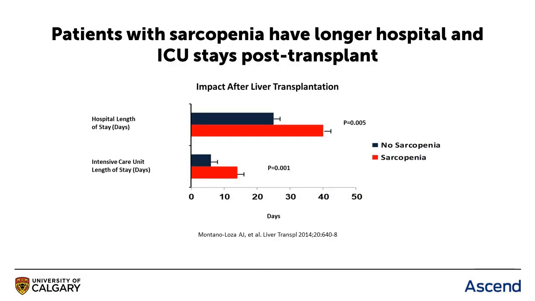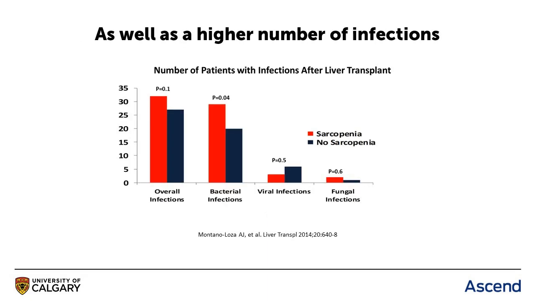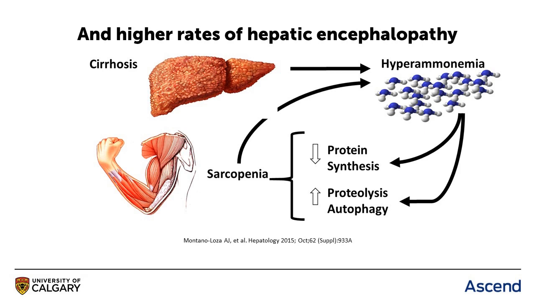Not only do they die more, they have longer hospital stays and ICU stays post-transplant. So not surprisingly, they have breathing tubes in longer, their diaphragms don't work as well, they don't get out of bed as well. They have a higher number of infections also, low albumin levels. And like I said, this connection with hepatic encephalopathy, which I find really interesting. There have been studies that have shown that if you treat the malnutrition, you can reduce the hepatic encephalopathy as well.